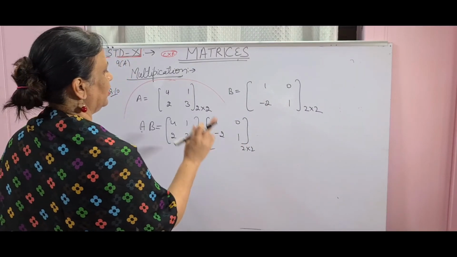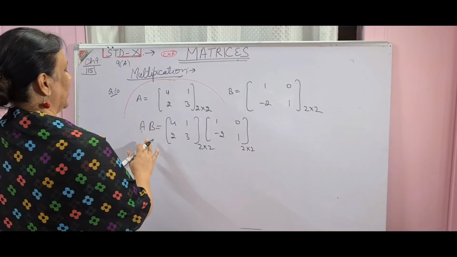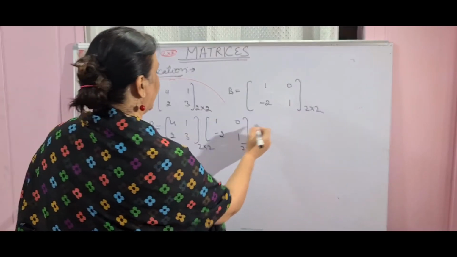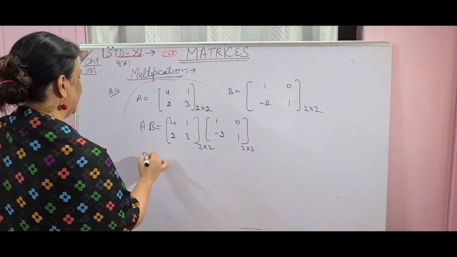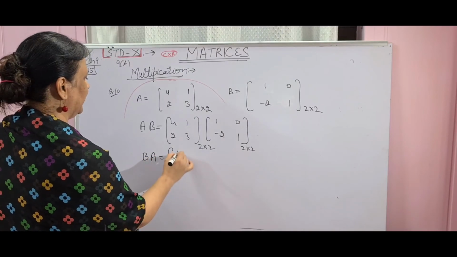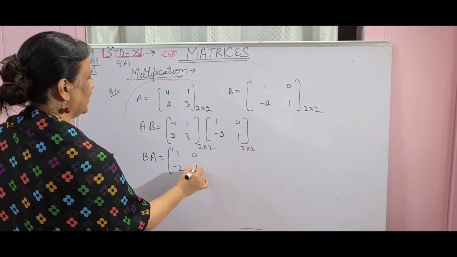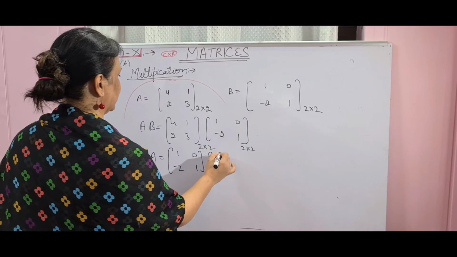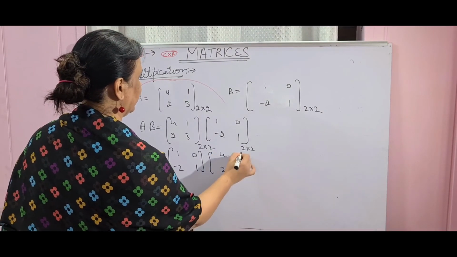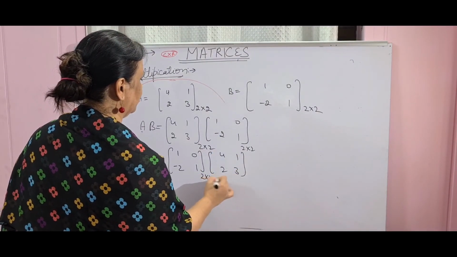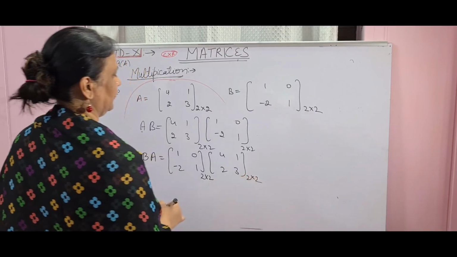You write the order, you write the rule, and you multiply. If I ask you to calculate BA, then you write B in the first place and A at the second place, 4, 1, 2, 3. That is 2 into 2, 2 into 2.